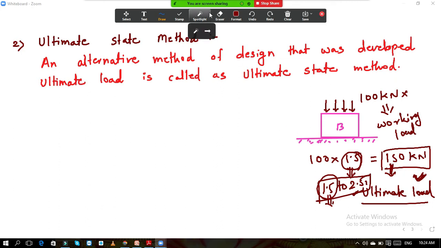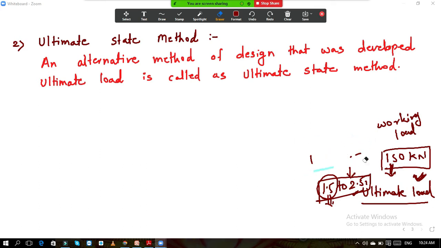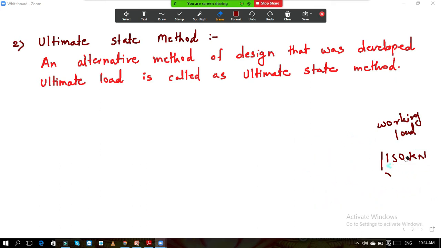So now moving further, this is your ultimate state method.